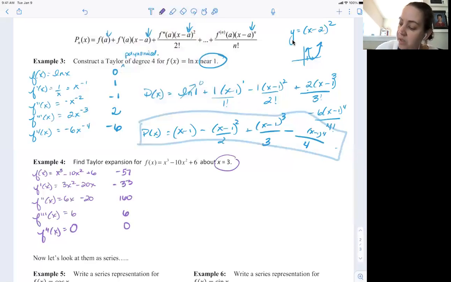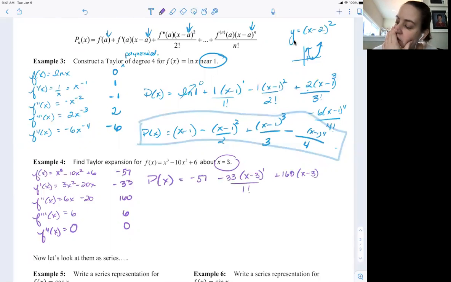So what does my polynomial look like? All right, we have the value. So our polynomial is going to be negative 57. I want to go slowly here. Plus negative 33, x minus 3 to the first over 1 factorial, plus 160, x minus 3 squared over 2 factorial, plus 6 times x minus 3 cubed over 3 factorial.